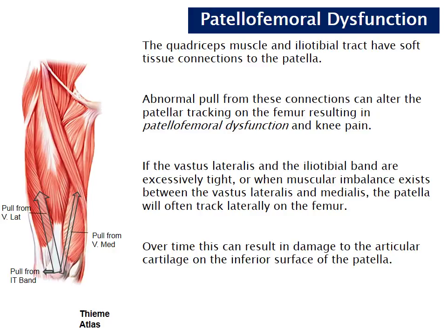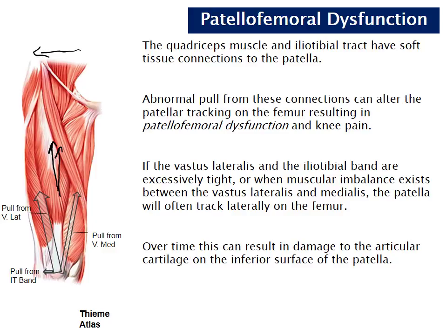So the last clinical correlate I want to give for the anterior compartment is something called patellofemoral dysfunction. This is extremely common in younger athletes, especially those, again, going through a growth spurt, and especially in the female population, where as their pelvis starts to grow a little wider, the angulation of their leg goes from a quite vertical leg to something a little bit more oblique.